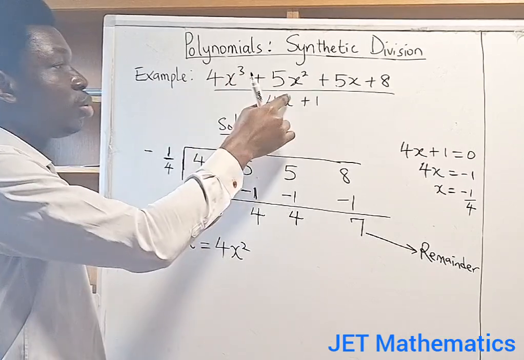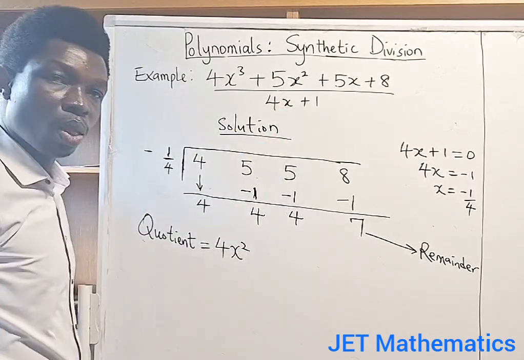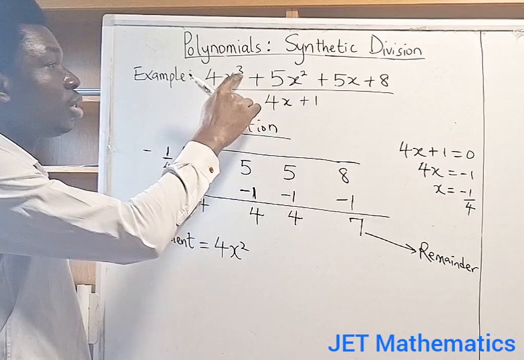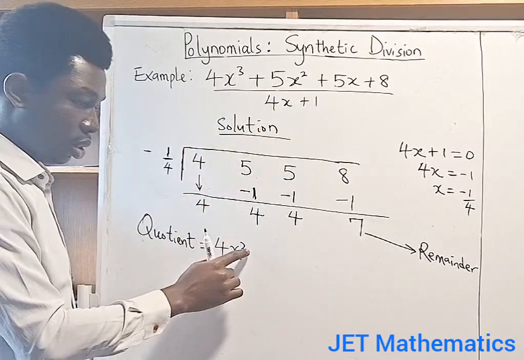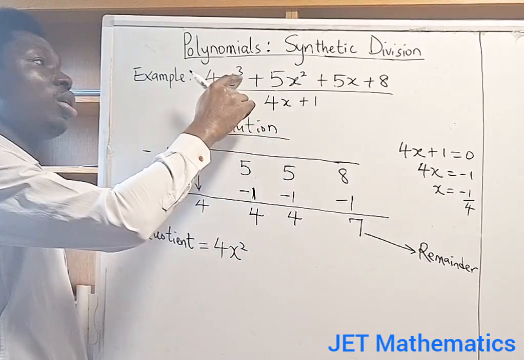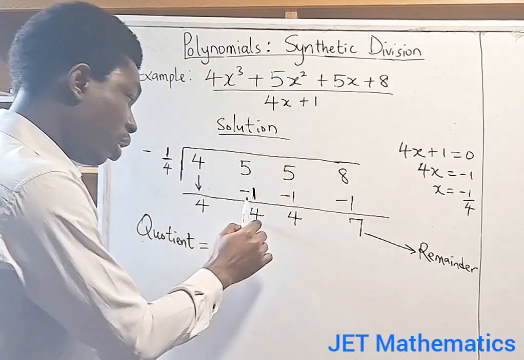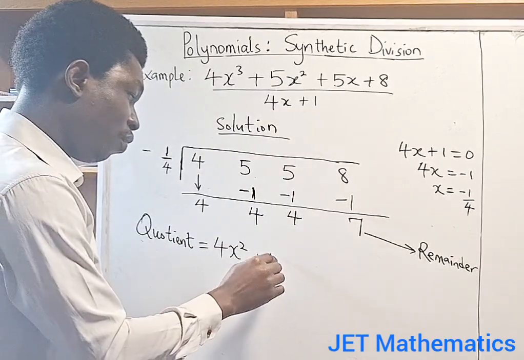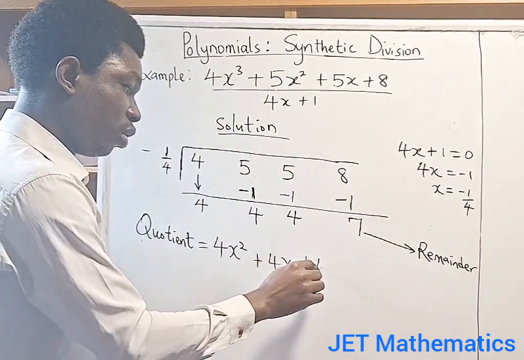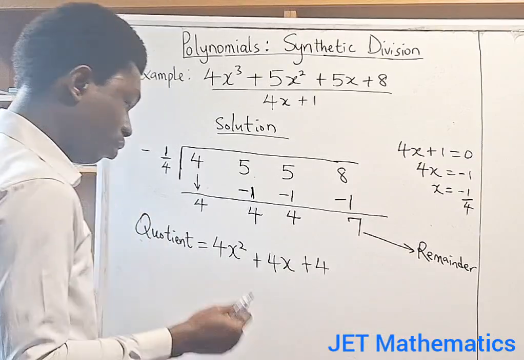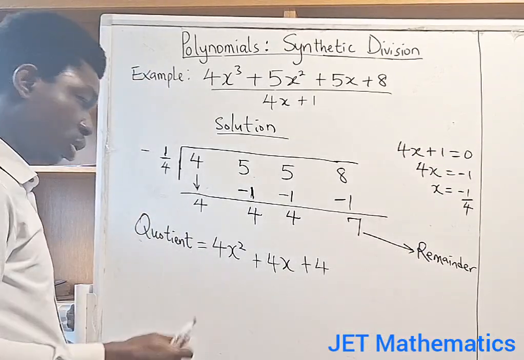Or you say 3 minus 1 will give you 2. The degree of this is 3, the degree of this is 1, so 3 minus 1 is 2. Then here we have plus 4s plus 4. Remember, this is the remainder, so you don't have to include that in the quotient.